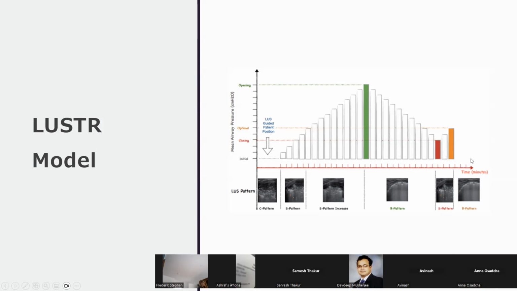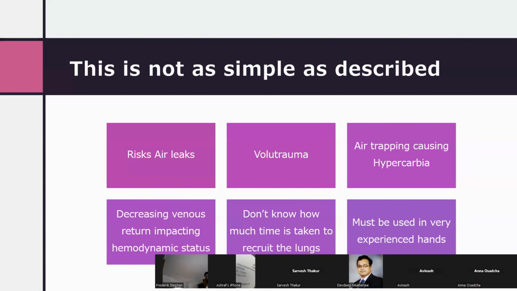Now, translated into clinical practice, we have to be extremely careful because there are side effects to this. Well, we risk a pneumothorax with volume guarantee, if it's done for an extended period of time.